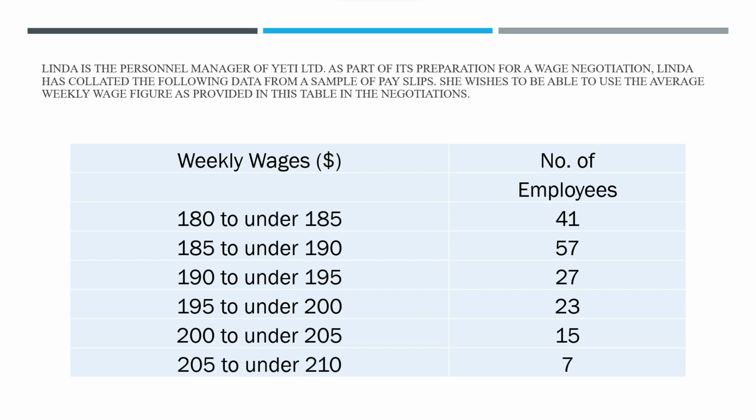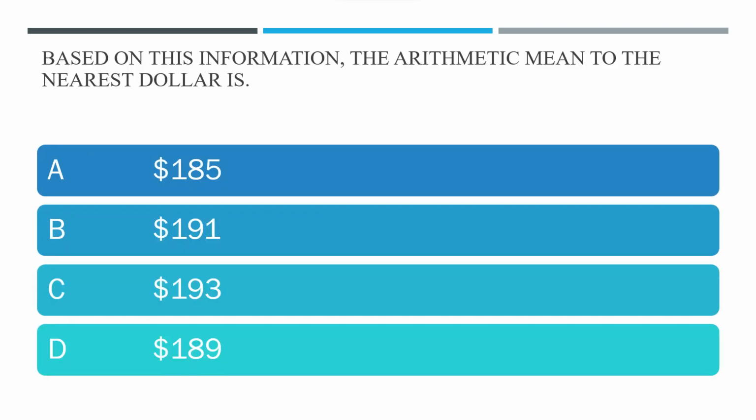Similarly, there are 27 employees receiving weekly wages from 190 to under 195, and so on. Based on this information, the arithmetic mean to the nearest dollar is: option A, $185; option B, $191; option C, $193; option D, $189.